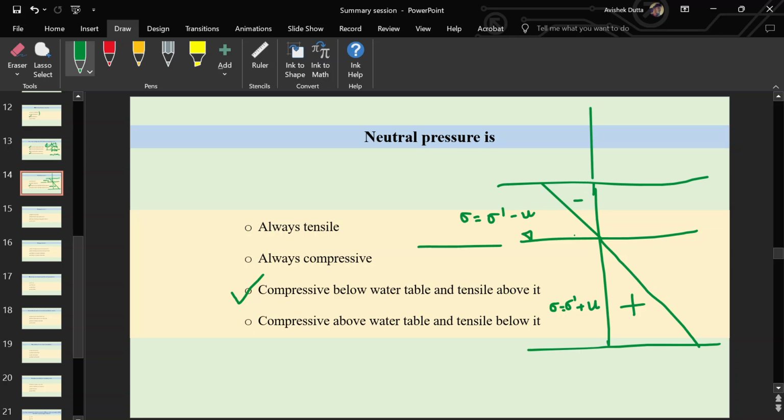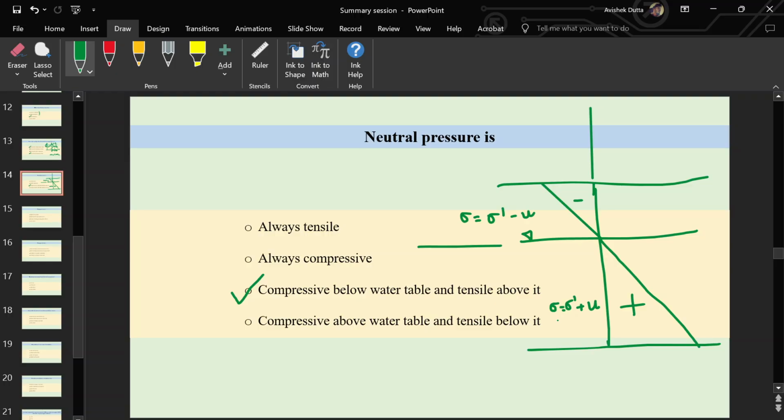So in this region above the water table, which is more, effective pressure or total pressure? Above the water table, effective is more, and below the water table total is more, right? Yes.